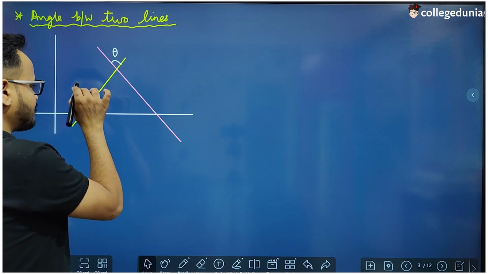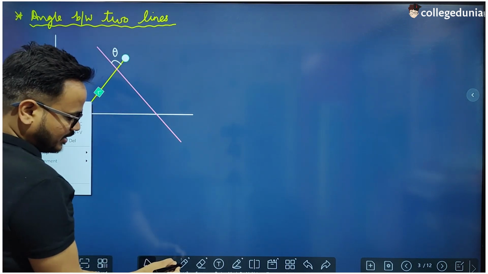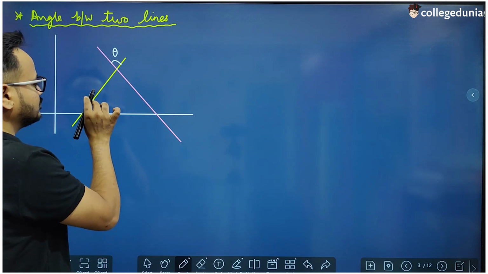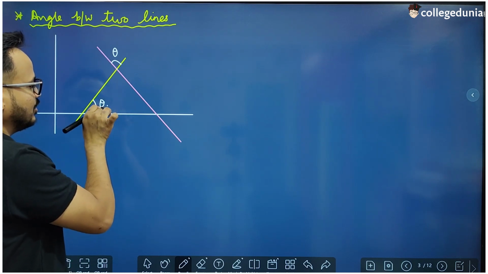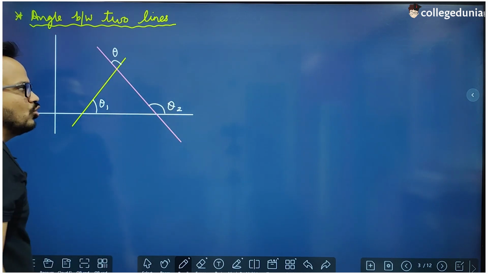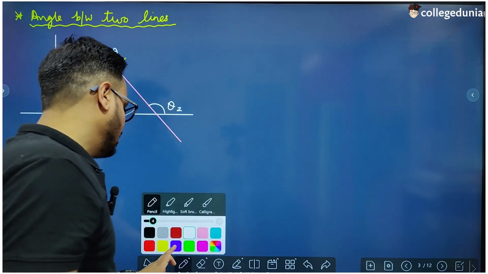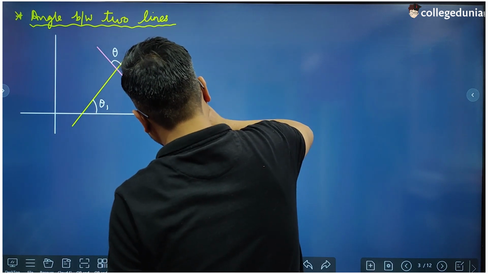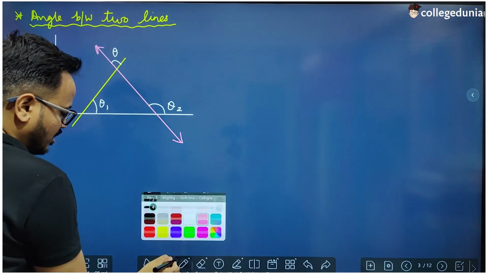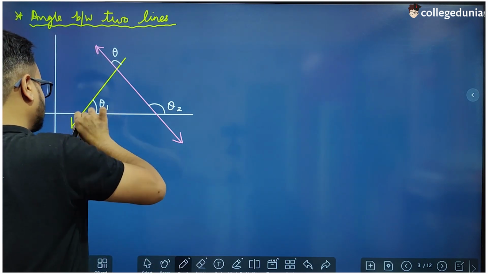So let us say this line is making an angle theta 1 and this line is making an angle theta 2 with x-axis, right? This is a line, not a line segment, so we should show this by these arrow marks.